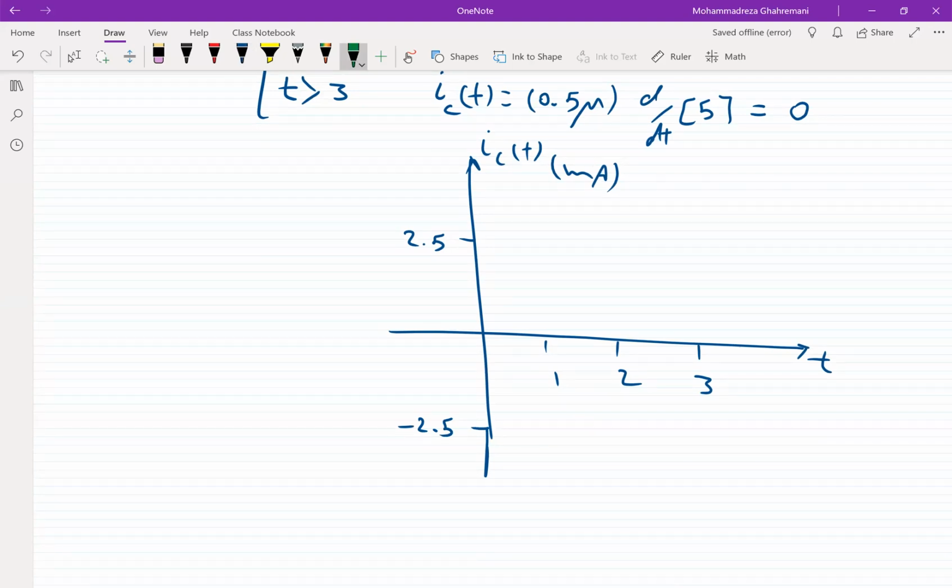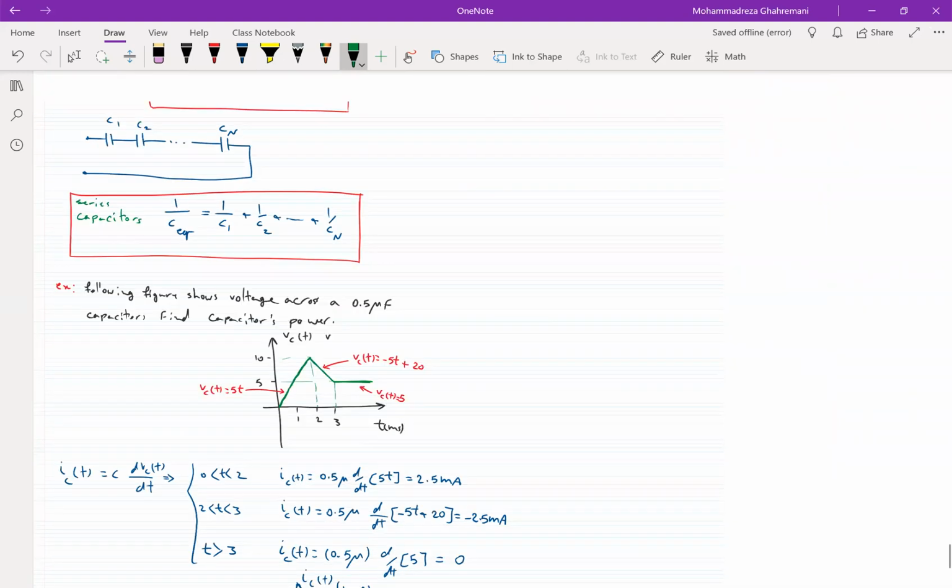And if we draw the curve, we will have a horizontal line from 0 to 2 with the amplitude of 2.5, and a horizontal line between 2 and 3 with the amplitude of negative 3, and 0 for the rest of the plot. So we got the current figure from the voltage. Now it's time to find the power.